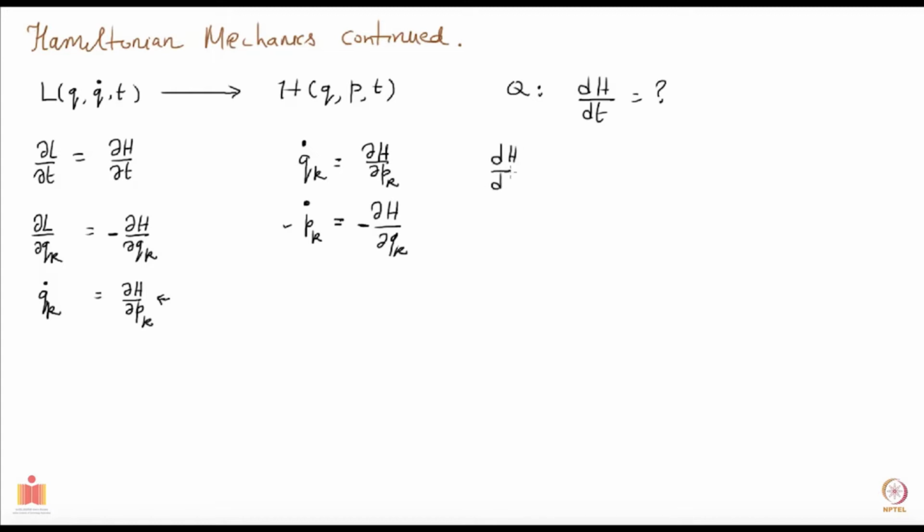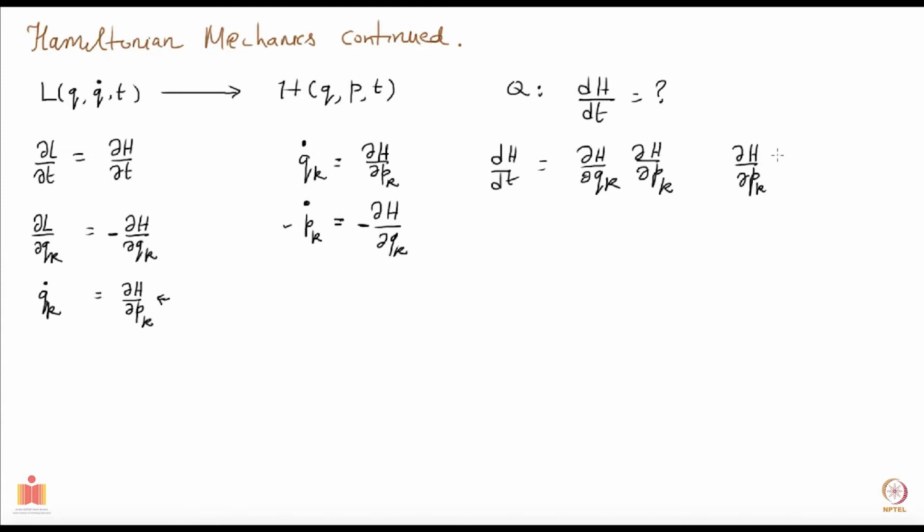dH over dt is ∂H over ∂q, and then you have dq over dt, which is q dot, and q dot is ∂H over ∂p. Okay, let me put a k, so there's a summation over k implied here, plus I will take a derivative of ∂H over ∂p, because H is also a function of p, and there are several of them, so let me call it pk, and sum over all the ks.